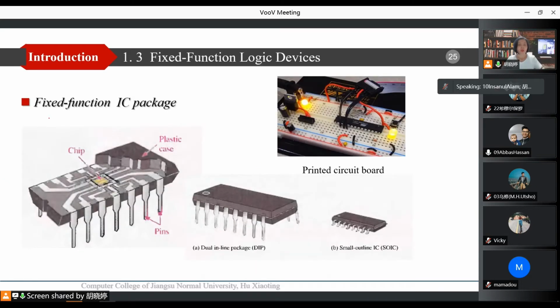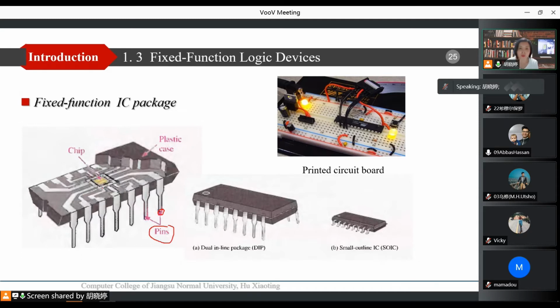Okay, so here is the fixed function IC package, which is commonly used. When you see that style of chip, you will know that it is some kind of fixed function IC. These points are called pins. Okay, that's a chip.